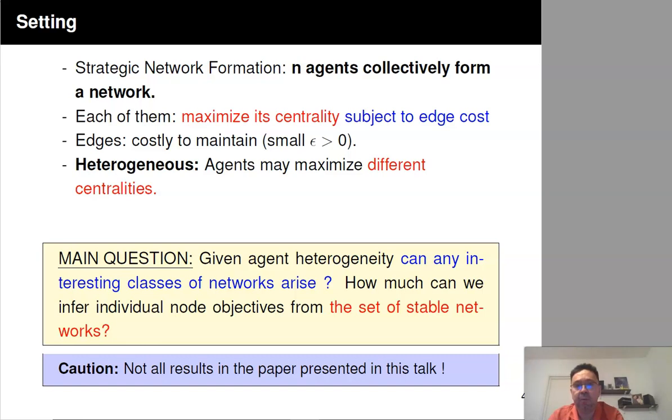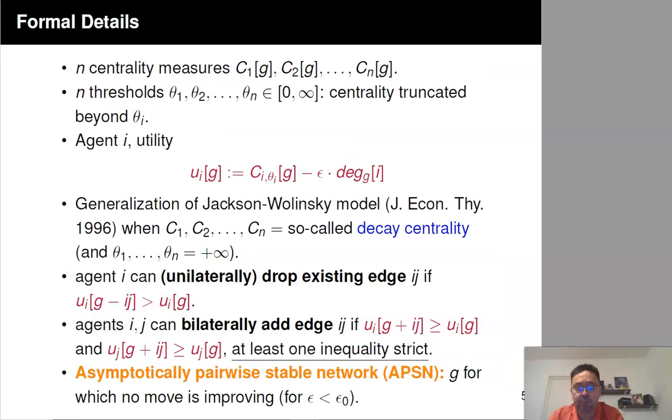We're not going to be talking in this presentation about all the results in this paper. So here are a couple of formal details. We're looking at the generalization of the well-known Jackson-Wolinsky model from economics. You have n agents. Each agent has a centrality measure, C1, C2, Cn. And these centralities are subject to thresholds, theta 1, theta 2, theta n.